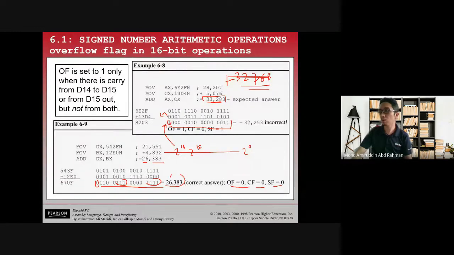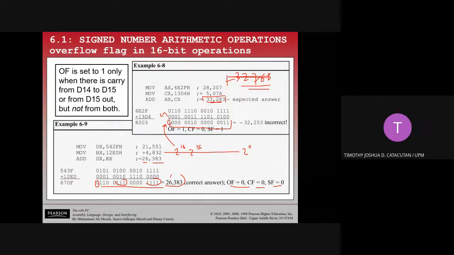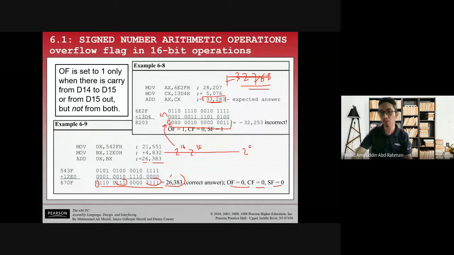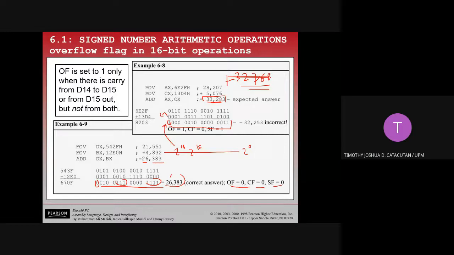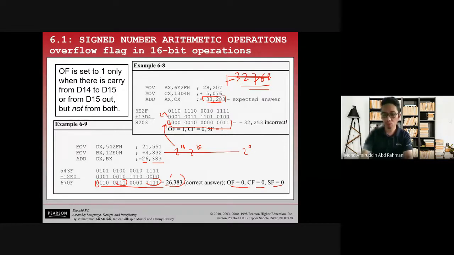Yes, it is all 16 bits, but the last one is for the sign. So the most possible number is up to 2 to 15, which is 15 ones in binary. 2 to 15 gives you the result 32768. So this is 2 to 15. Okay, is it clear?